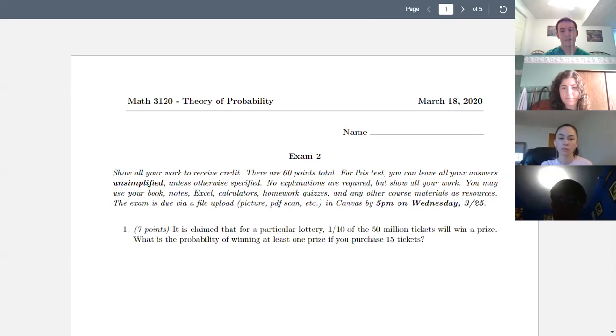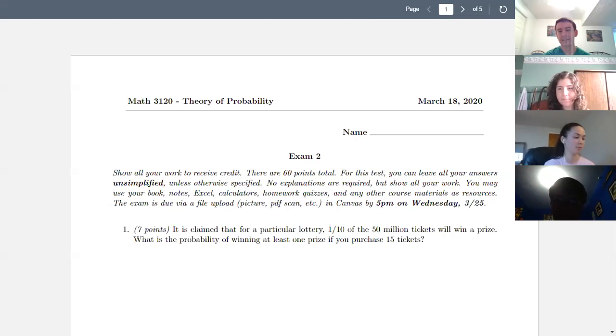Okay, but technically, is this binomial? Matthew, you're smiling. What are you thinking? I treated it as a hypergeometric. Yeah.